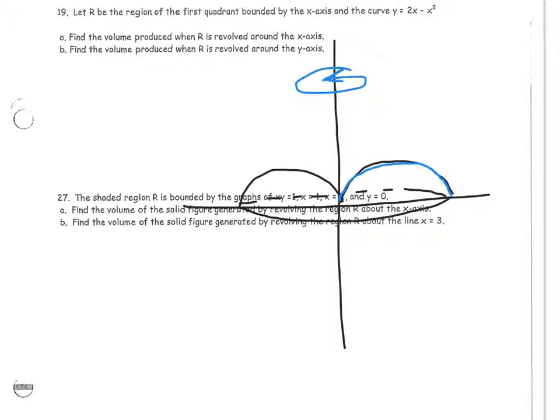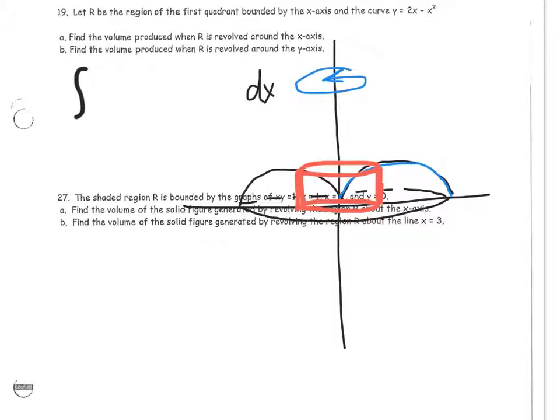I want to use shells. So I'm going to draw a little representative shell in here. When I use shells, it's going to give me a little slice of the x-axis, so that's going to be a dx situation.